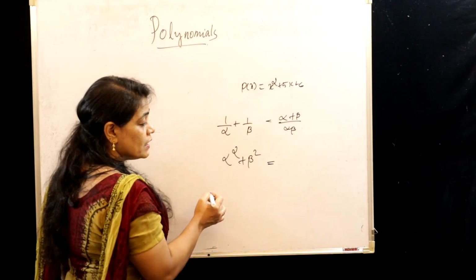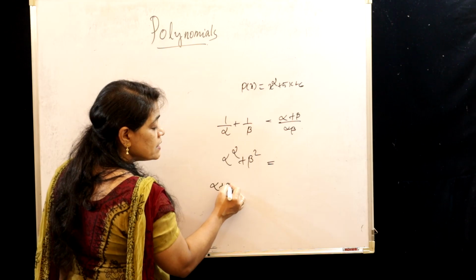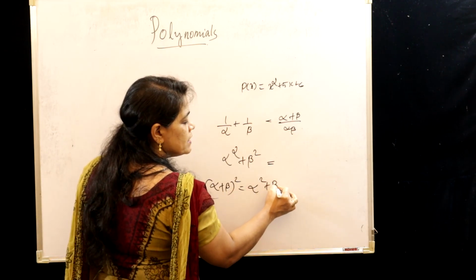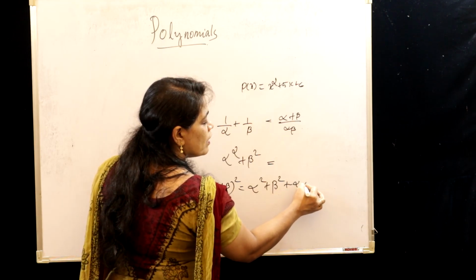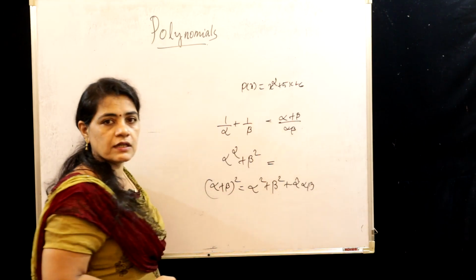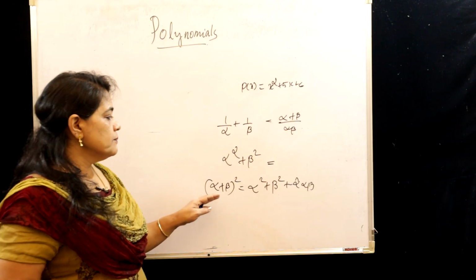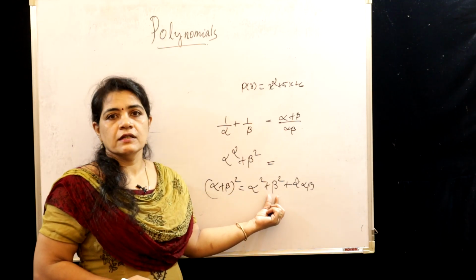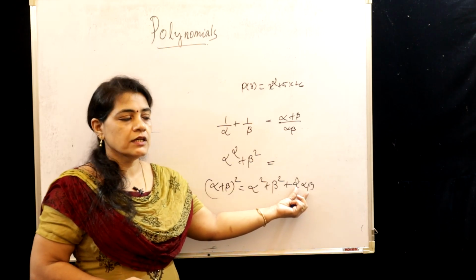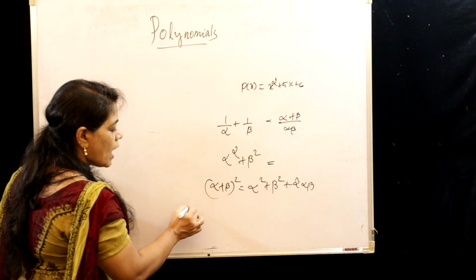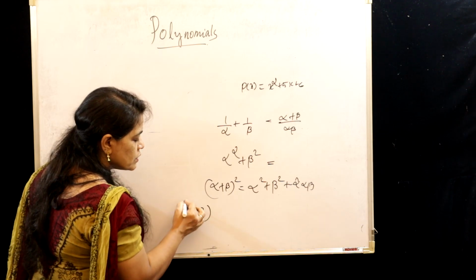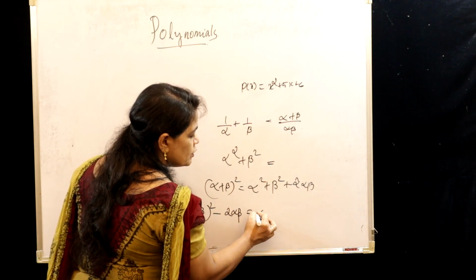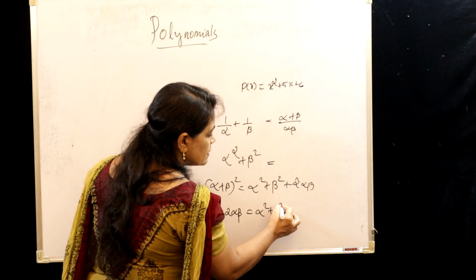Alpha plus beta whole square is equal to alpha square plus beta square plus 2 alpha beta. From this, children, you can get alpha square plus beta square by taking 2 alpha beta to the LHS, that is, alpha plus beta whole square minus 2 alpha beta equal to alpha square plus beta square.